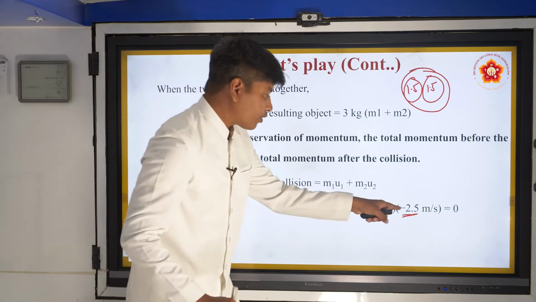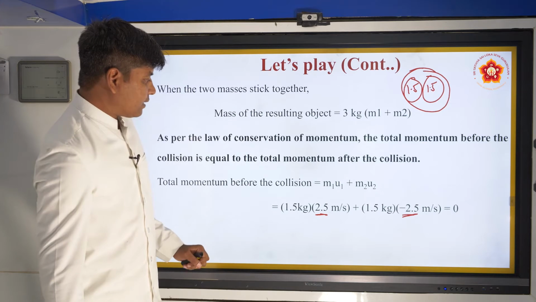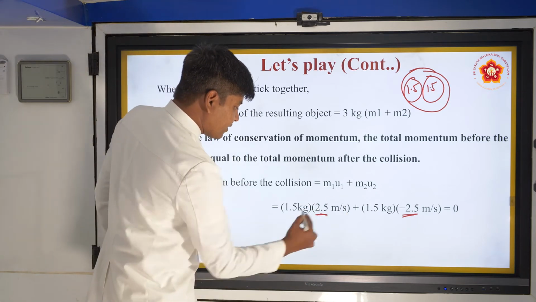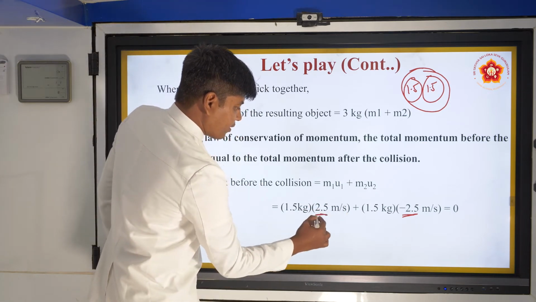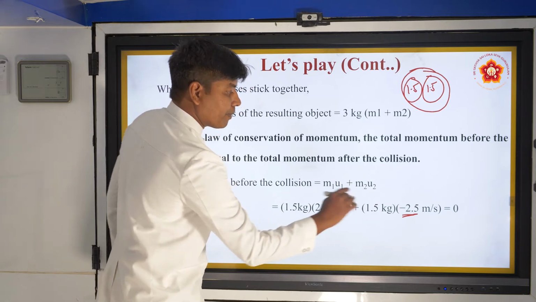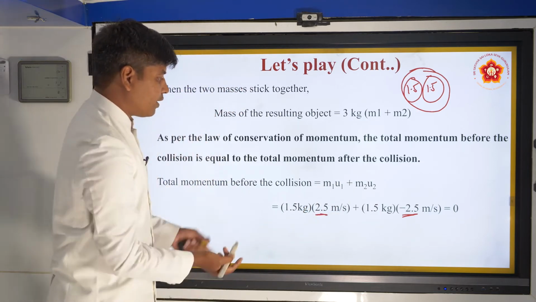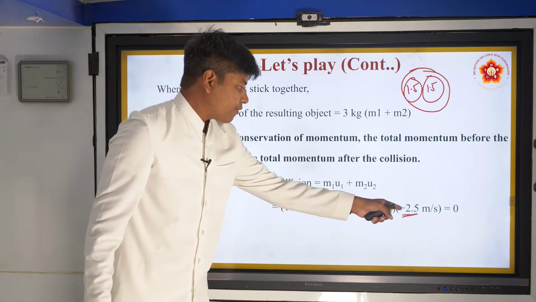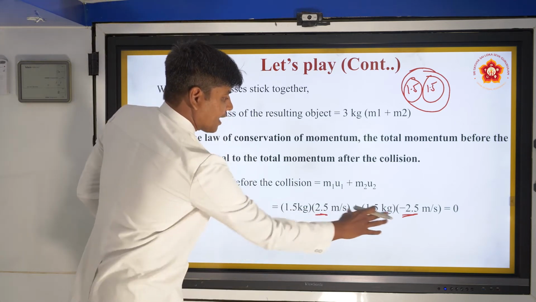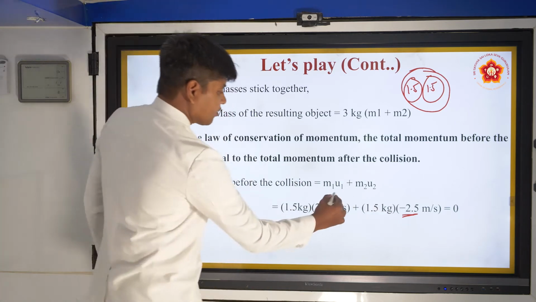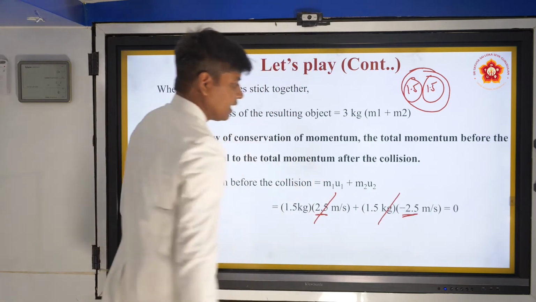We need to make note of these signs. You can see these two will cancel out: 1.5 into 2.5 plus 1.5 into minus 2.5. Here you have minus, here you have plus, same magnitude, so both cancel out and it becomes 0.